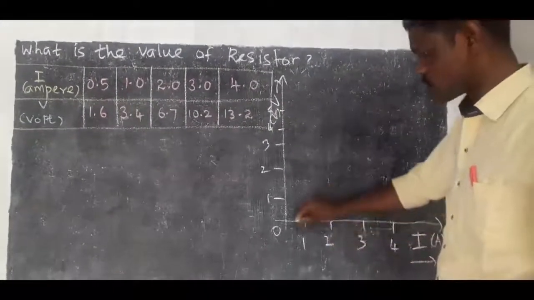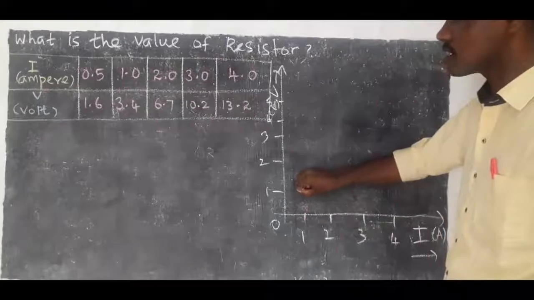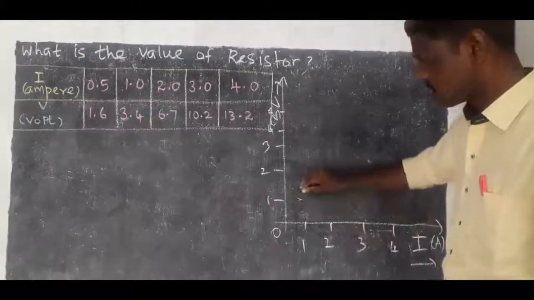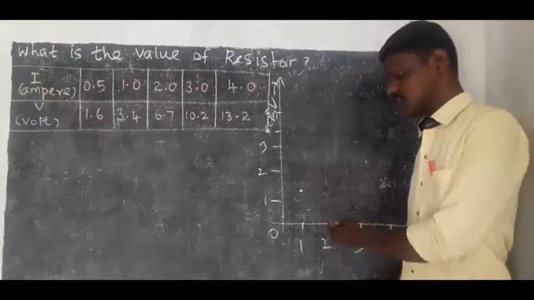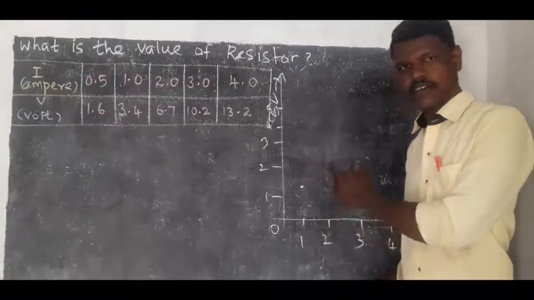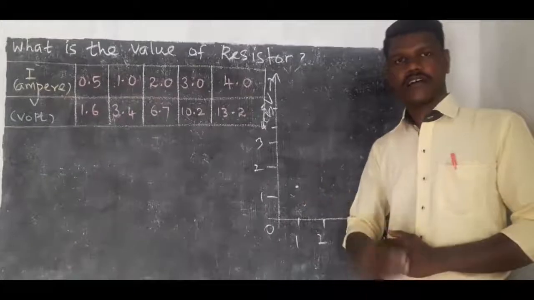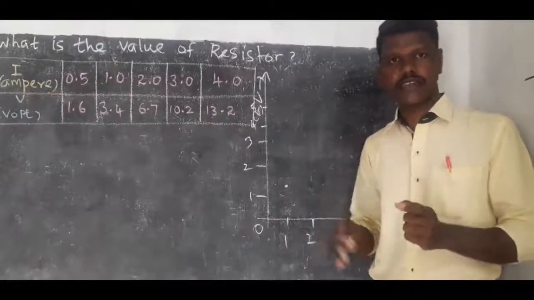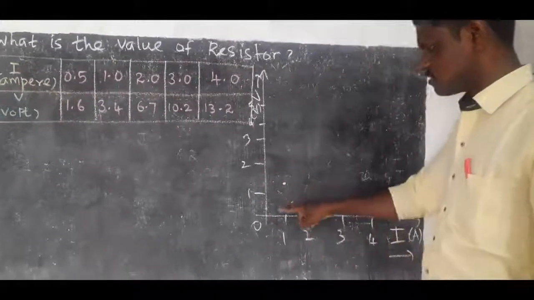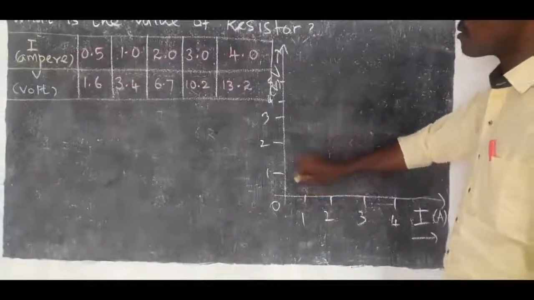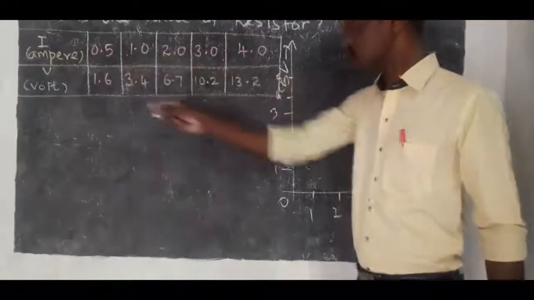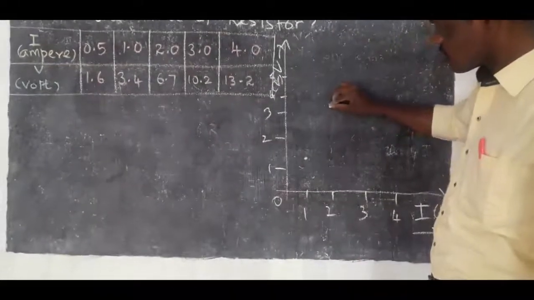Now we will take 0.5, that is 1.6, sorry. I have just shown how to draw; you can take a graph sheet and plot the graph. So 1.6, and then for current 1 ampere, 3.4 here.